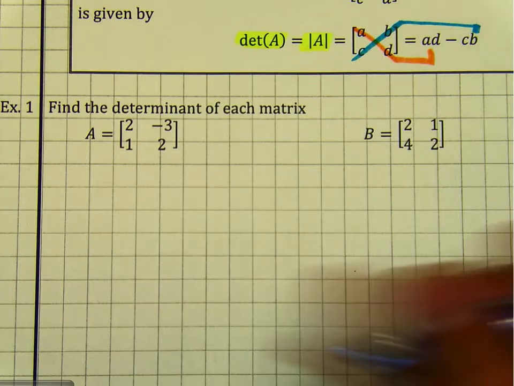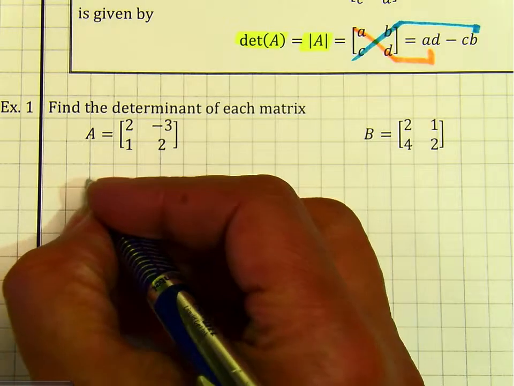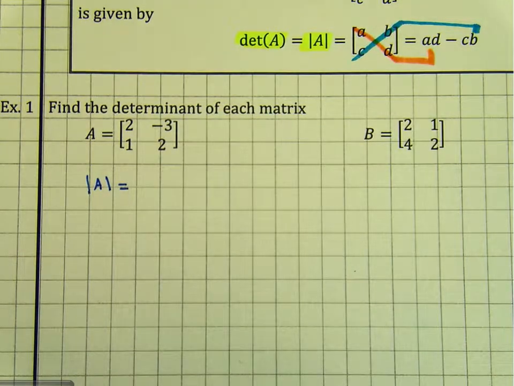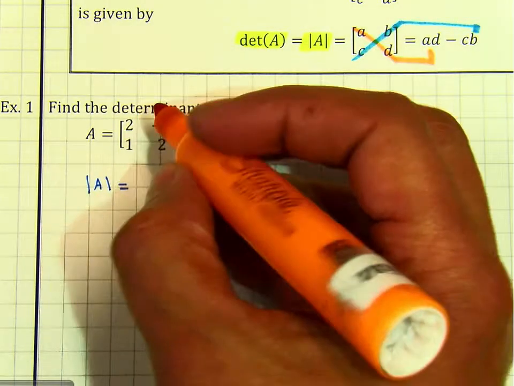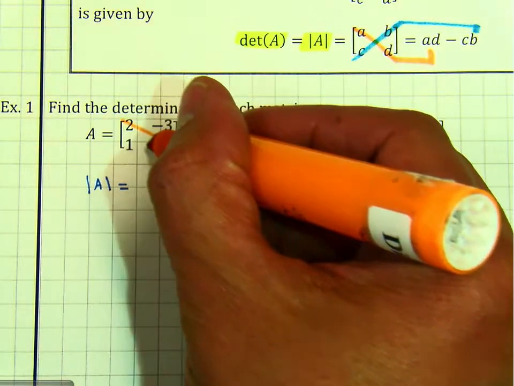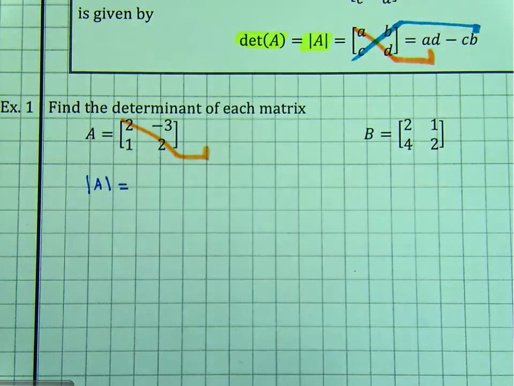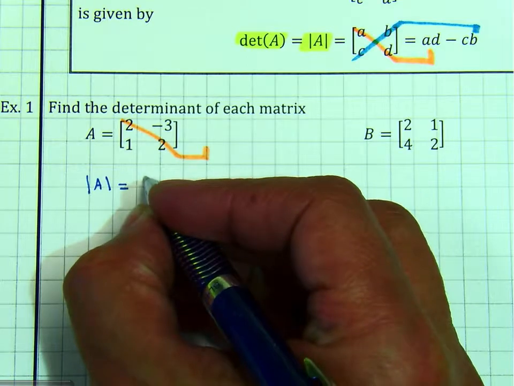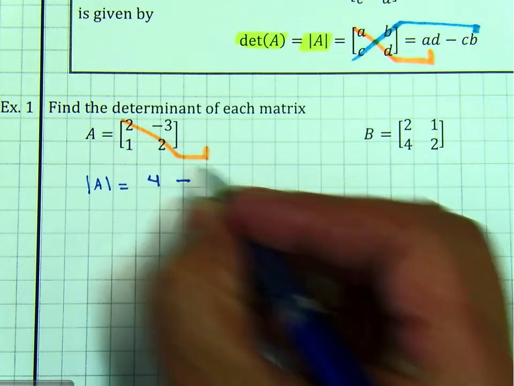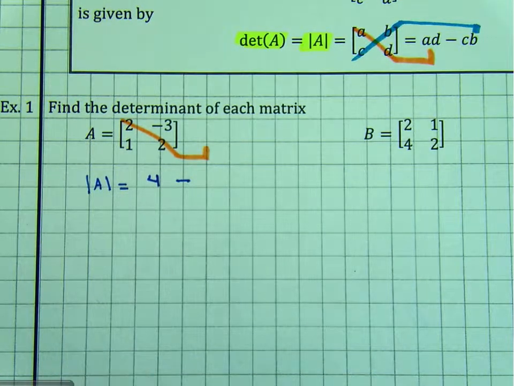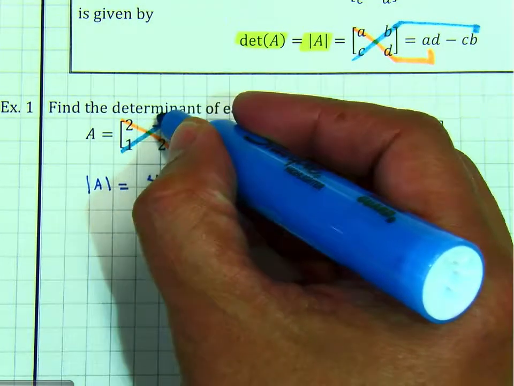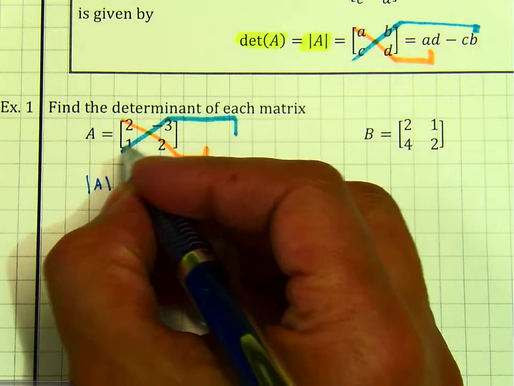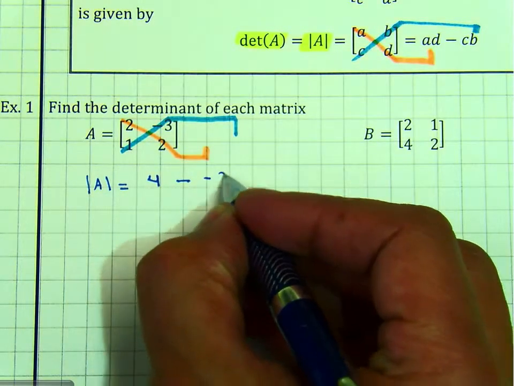So therefore, the determinant of A, we are going to take these 2 components, and that'll be 2 times 2 will be 4, minus the product of those 2 components, which will be 1 times -3 will be -3.